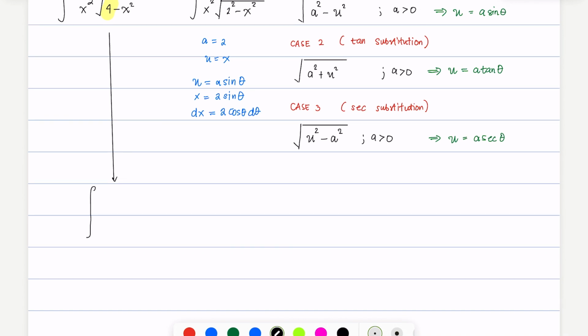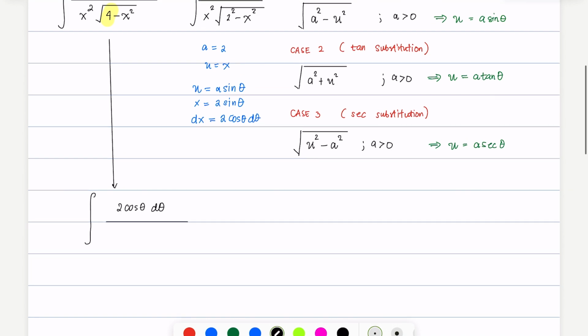So that means the integral above will be given by dx, which is 2 cosine theta d theta, over x squared. Notice that your x is 2 sine theta, and you have to square that, so (2 sine theta) squared, and then the radical is the square root of 2 squared minus x squared, where x is 2 sine theta, based on the u that we set there.